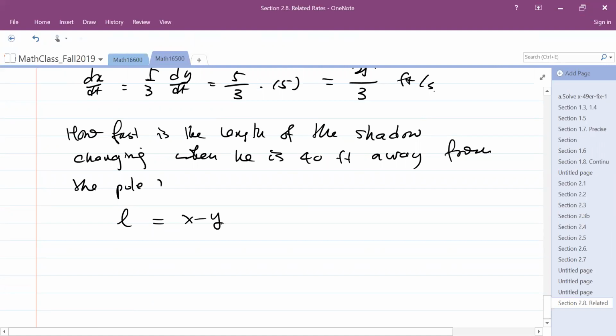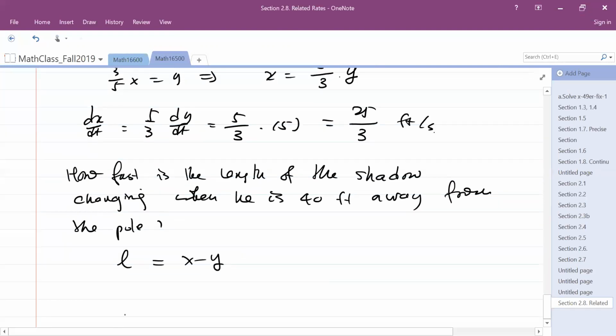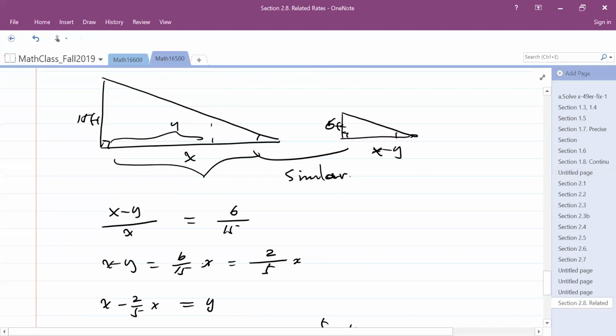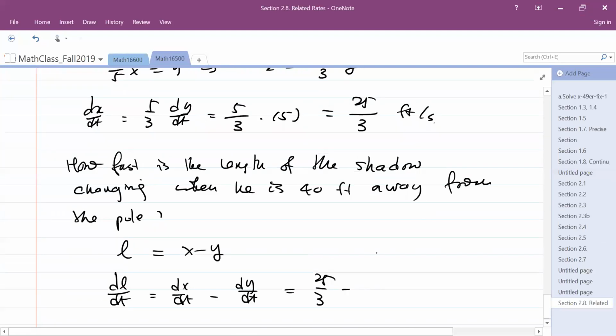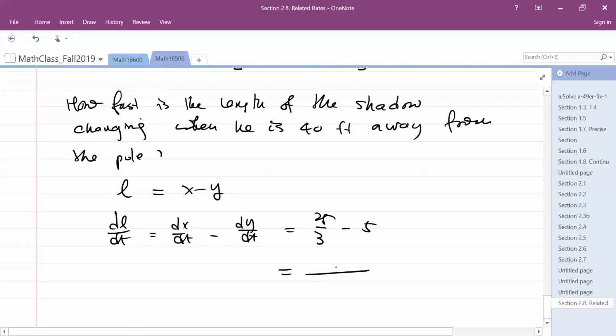And you already know the speed is always constant. So dL/dt equals dx/dt minus dy/dt. dx/dt is 25 over 3, and dy/dt we are given, he's walking away at a constant speed of 5 feet per second. So you will get 10 over 3 feet per second.